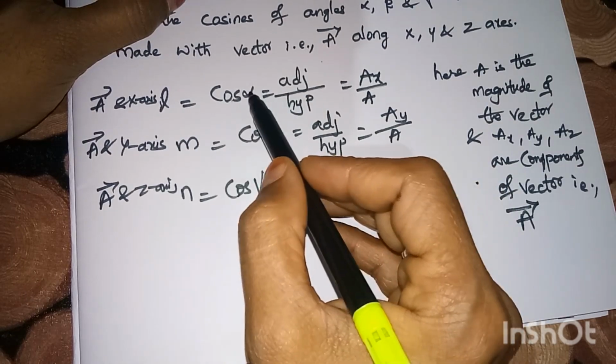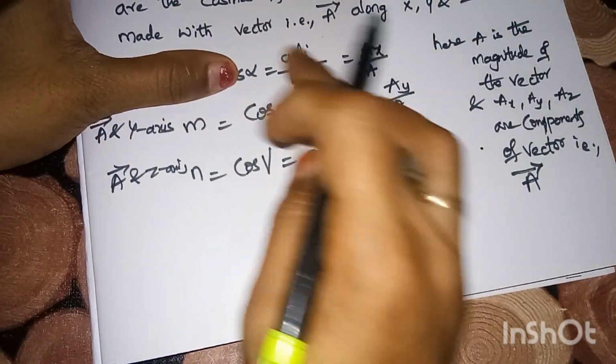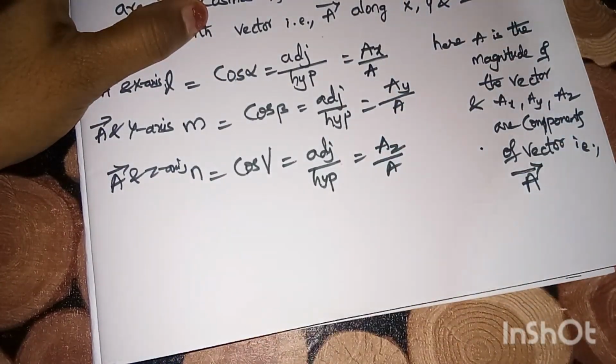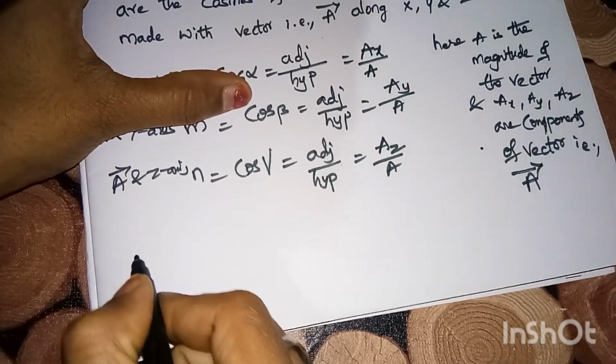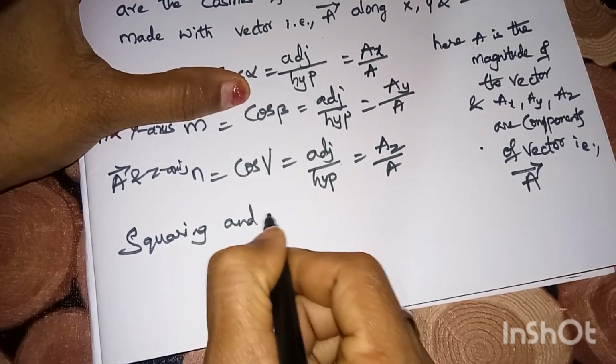Now I am squaring both sides and adding. So I am squaring and adding all these terms here. So squaring means squaring and adding.